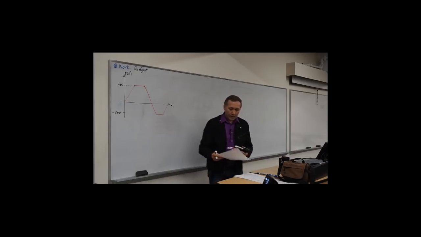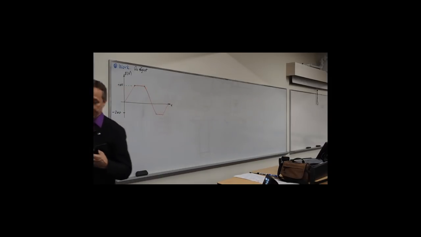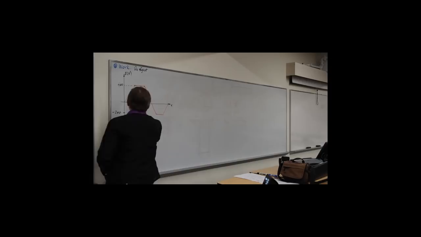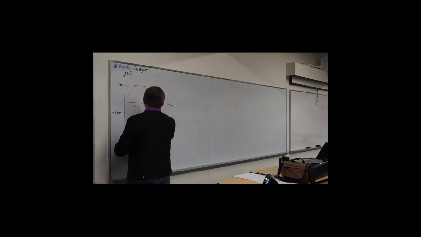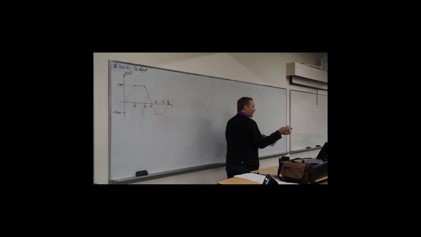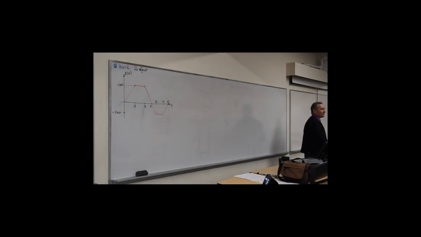Now position. This point is 3, this point is 7, then this point is 10, and this is 12. This point is 14, and this point is 15. And between them there are corresponding numbers of dots.